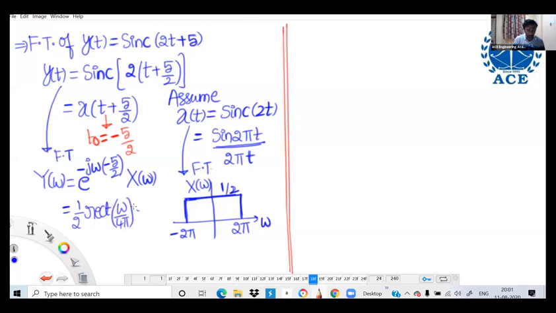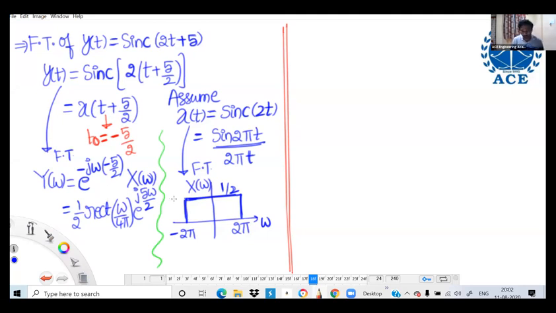So 1 by 2 rect omega by 4 pi e power j 5 omega by 2. Correct or not? Shift of minus 5 by 2.